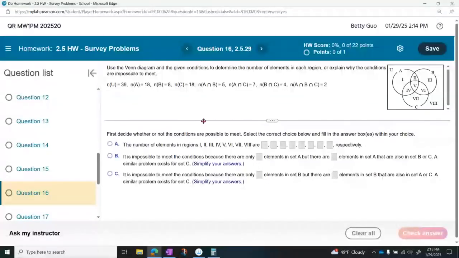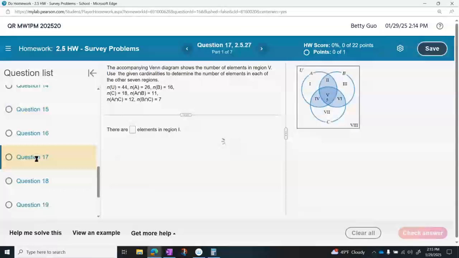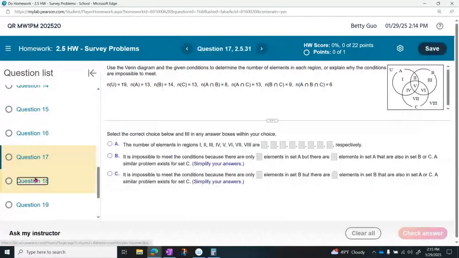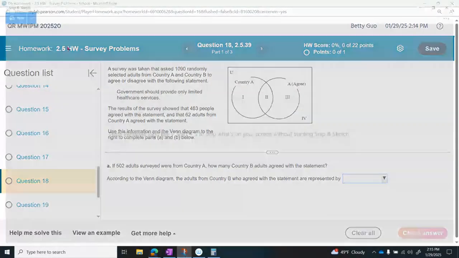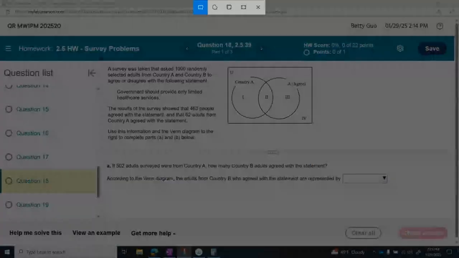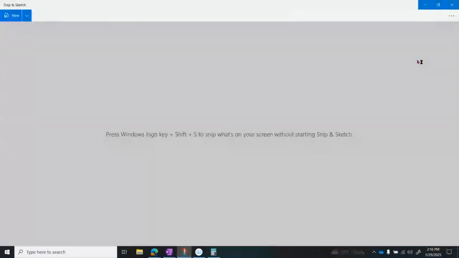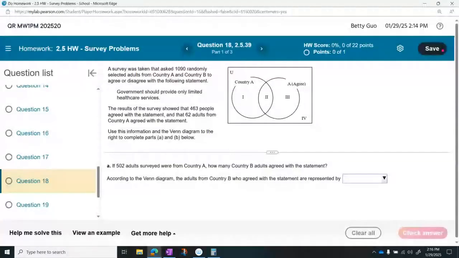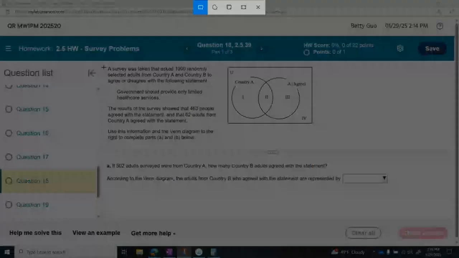All right, so I'm going to show you another question. Yeah, this one. I'm going to talk about this problem. The last 5 minutes, let's talk about this problem, or at least to get it started, and you understand how to process this.